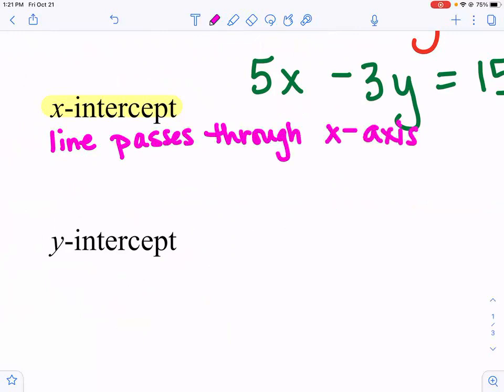Now, what did we decide is true about every single point on the x-axis? The y coordinate is always going to be 0. I feel like that could be helpful, don't you think? Okay, cool.